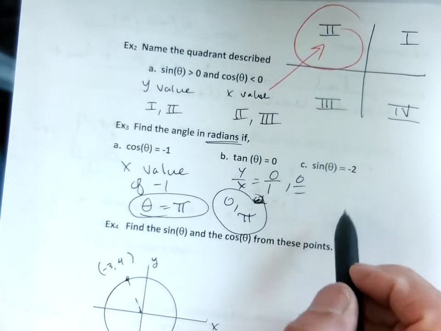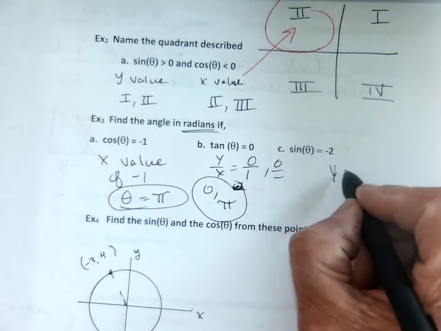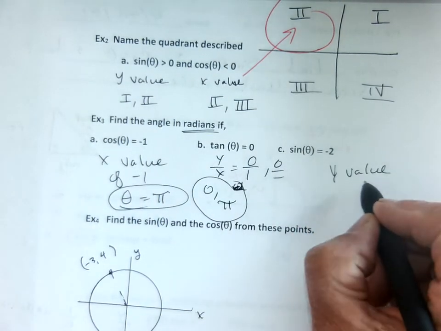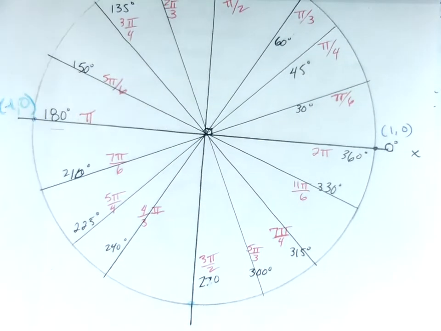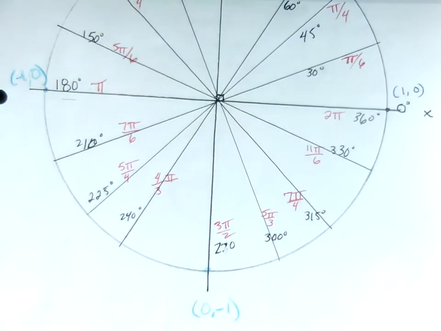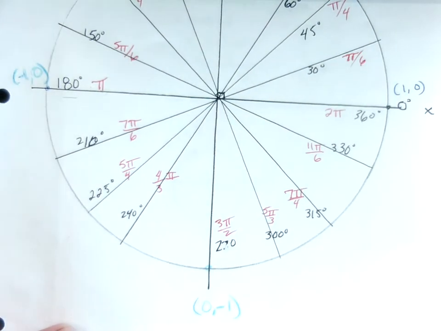Sine of negative 2. This is a trick question. Sine is a y value. So I need a y value of negative 2. Here's negative 1. No such thing. Do you see that?